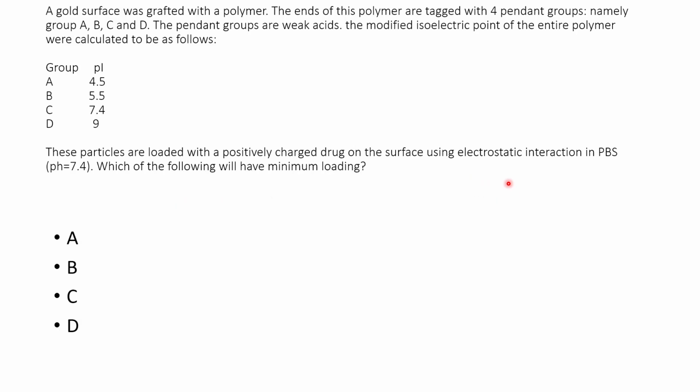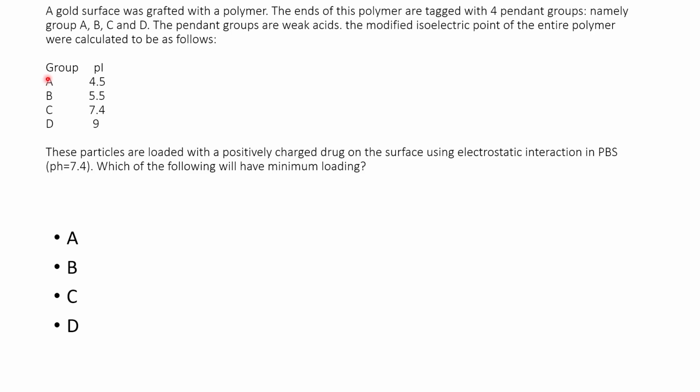So going back to the question, Group A has a pI of 4.5. If the pH is less than 4.5, Group A will be positively charged. And if the pH is greater than pI, Group A will be negatively charged. In this case, they are using a pH of 7.4. 7.4 is greater than 4.5, so A will be negatively charged.